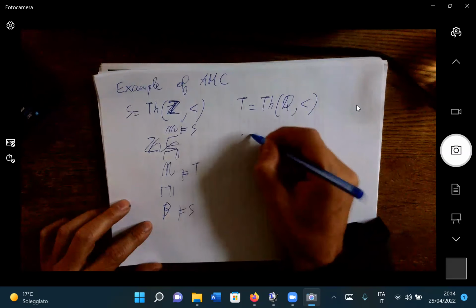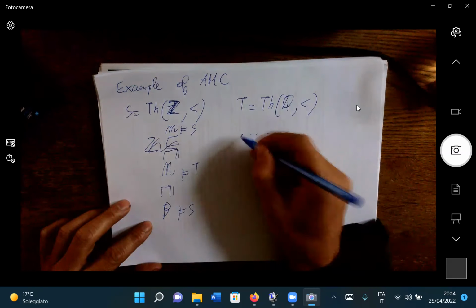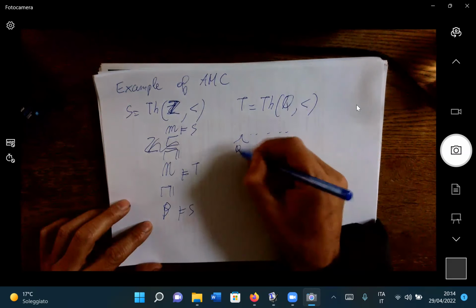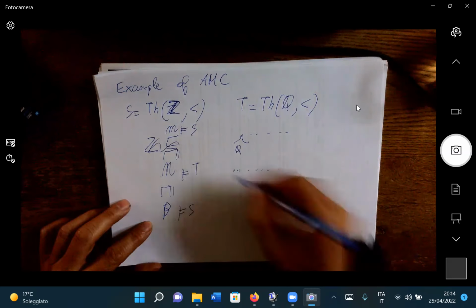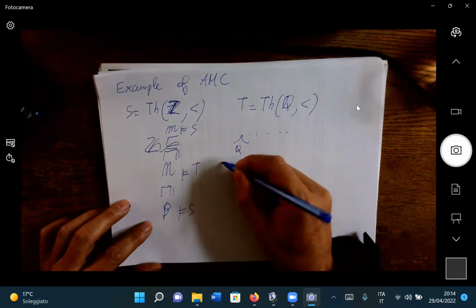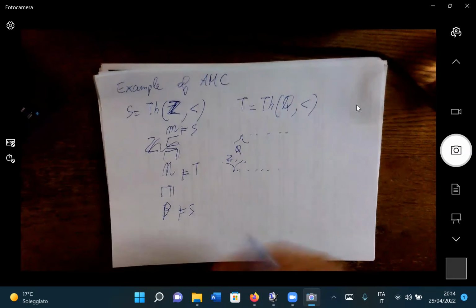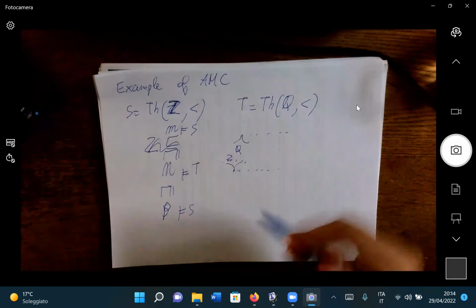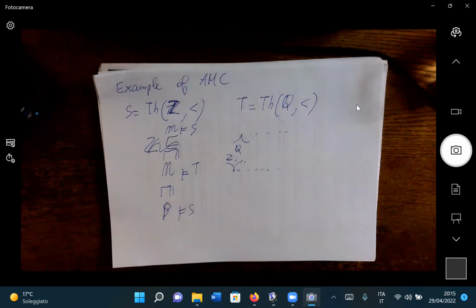What you do: you have a model of S, so it's a discrete linear order. You blow every point up to Q, and you get a model of T. And here you have a dense linear order, and you blow every point up to a copy of Z, and you get a model of S. In this way you pass from one to the other. And since you are considering complete theories, you are not changing the universal sentences that are true in those models. They are always the same.